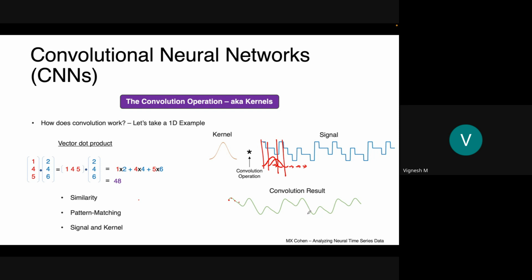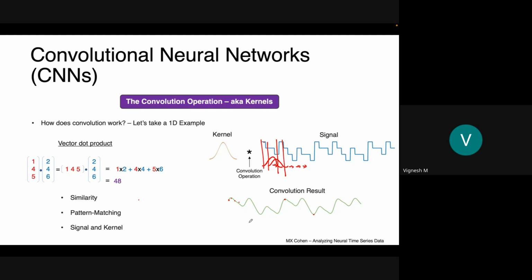Now, this will be much more apparent if there are more features in the signal where you pick a kernel that looks like part of the signal. That's a different thing. But in this case, you can see that the output of the convolution is a mixture of both the signal and the kernel. And you can see that there are certain places where the convolution gives you a high result and then it gives you a low result, right?